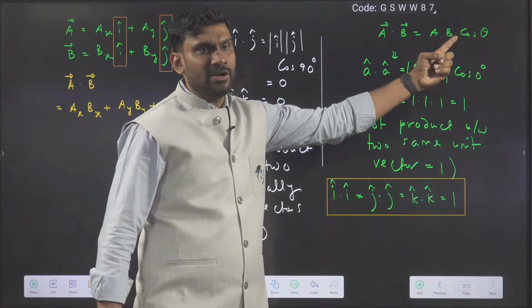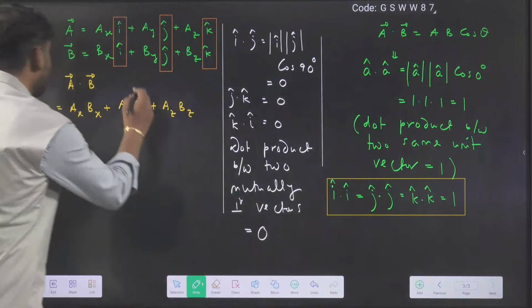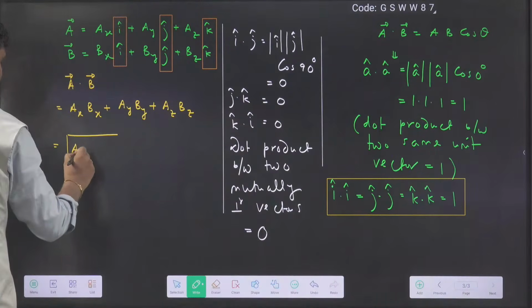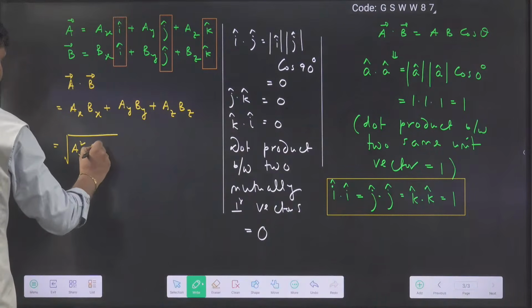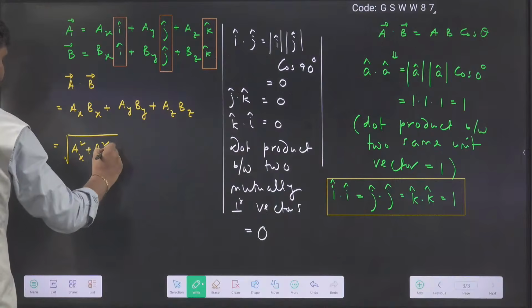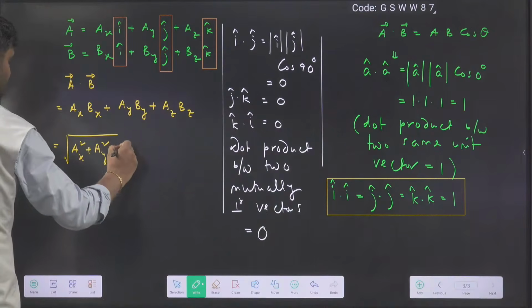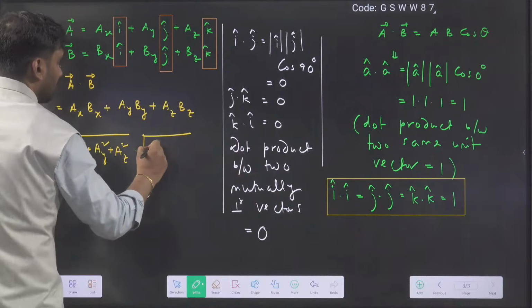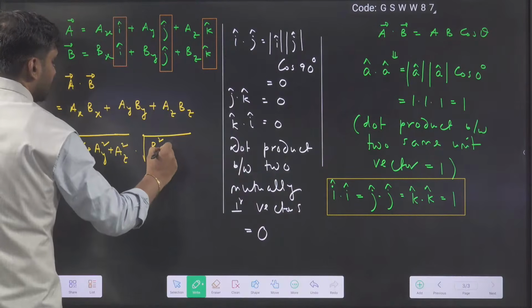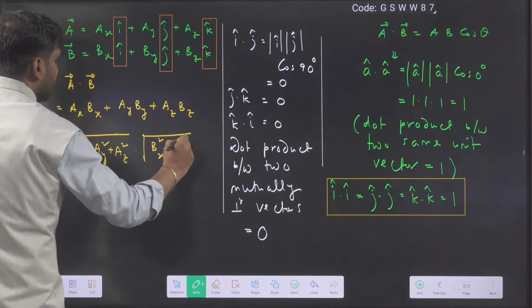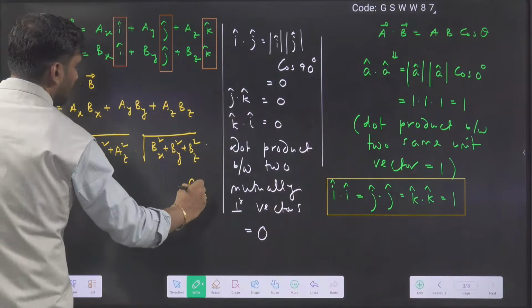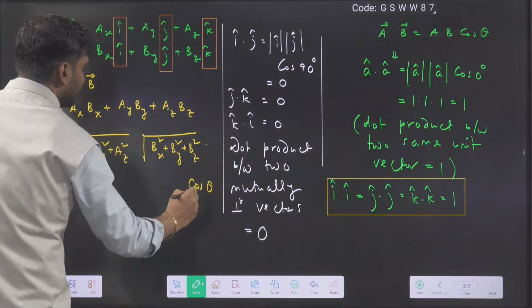So now that was equal to what? Magnitude of A, magnitude of B into cos theta. Magnitude of A is equal to under root of AX square plus AY square plus AZ square, into under root of BX square plus BY square plus BZ square, into cos of theta.